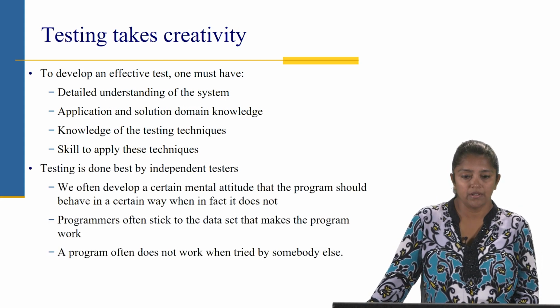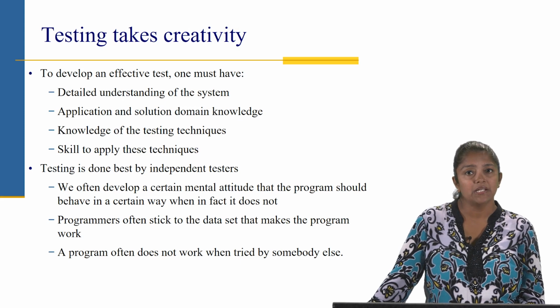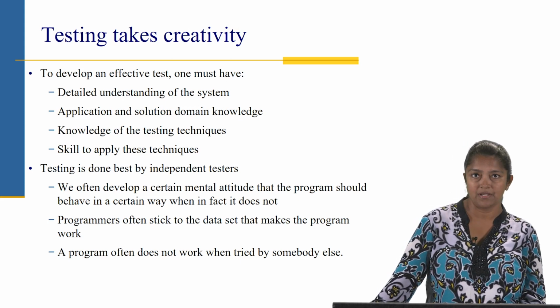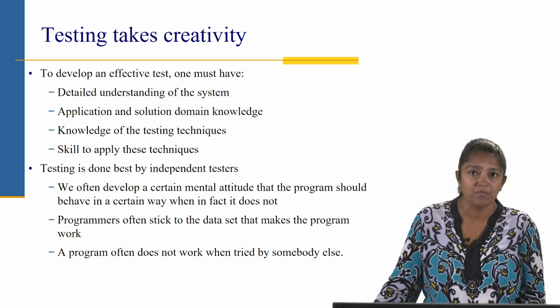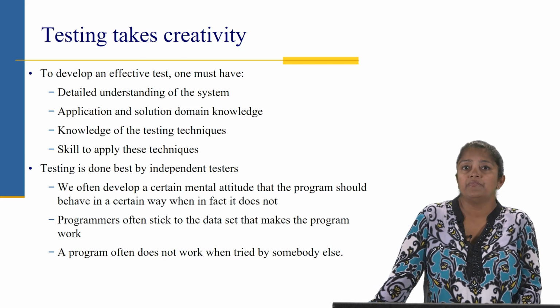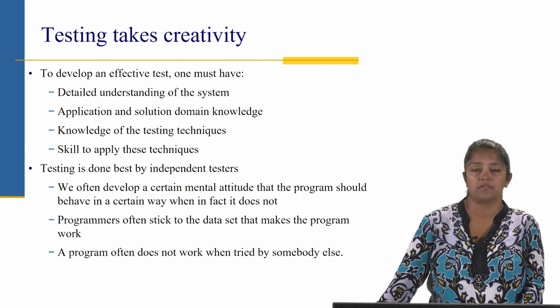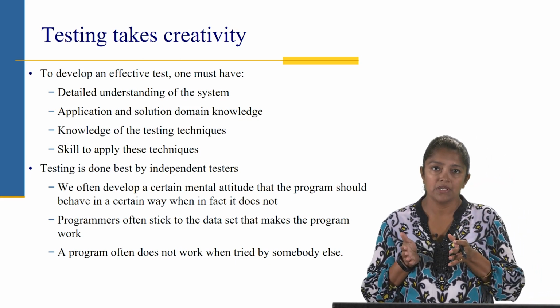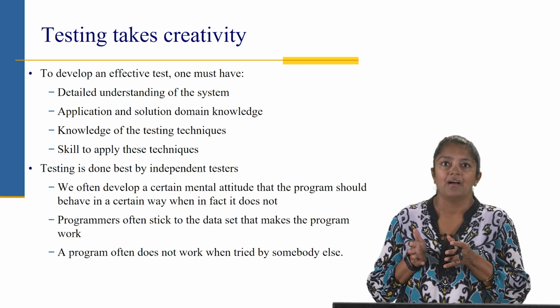Also, it's well known, and it has been seen that testing is done best by independent testers, not by the developers themselves, or not by members of the development team themselves, for obvious reasons. When we develop software, we have a certain mental attitude towards it, and we tend to test the program in a certain way.